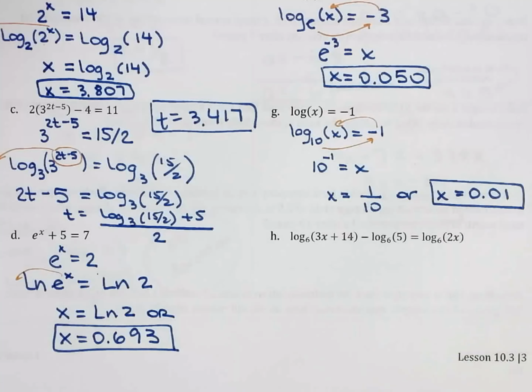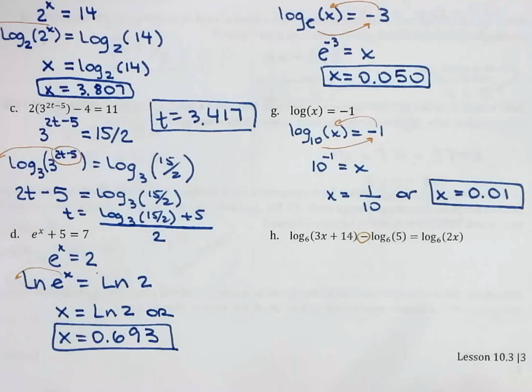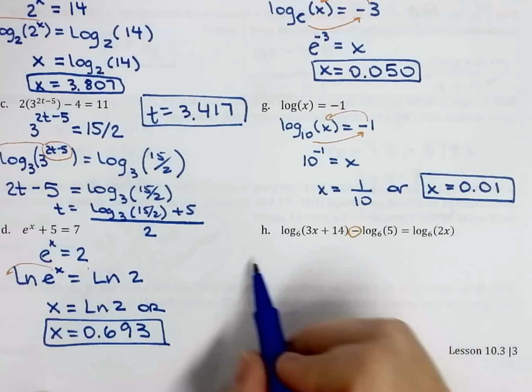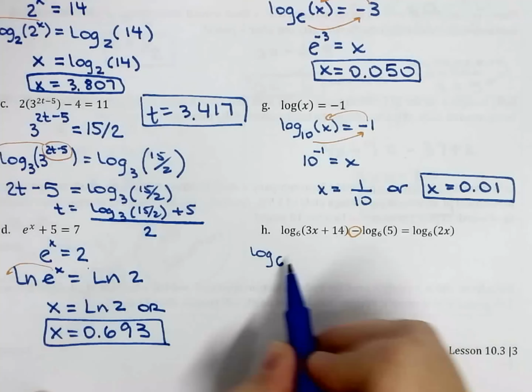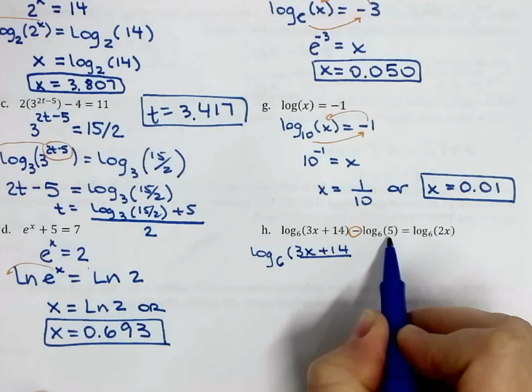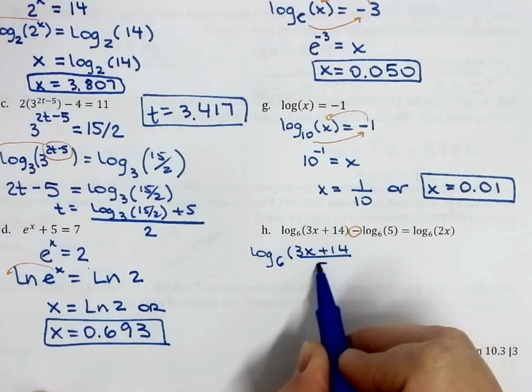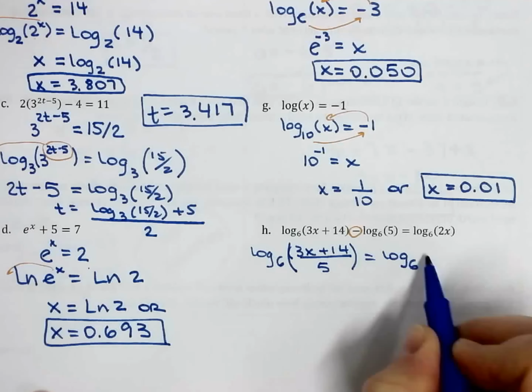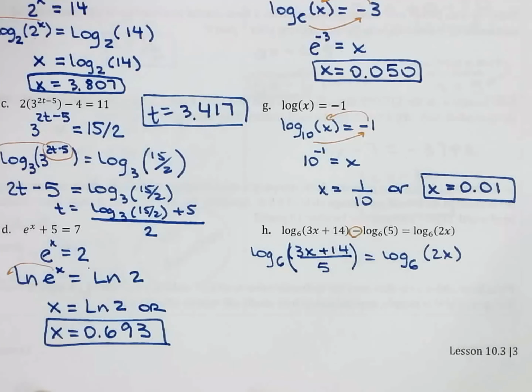Last one. So now I see this minus right there. I think division. So I need to divide the arguments. So log base 6 of 3x plus 14 divided by this argument right there, that argument is 5, equals log base 6 of 2x.